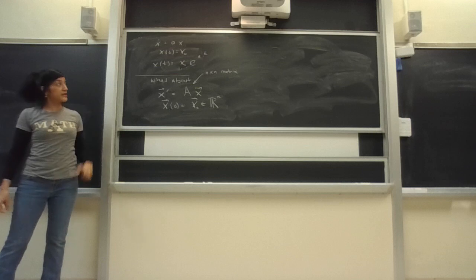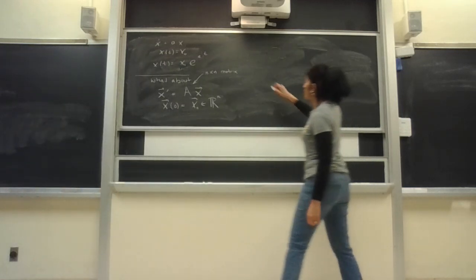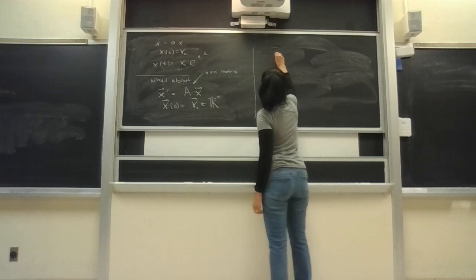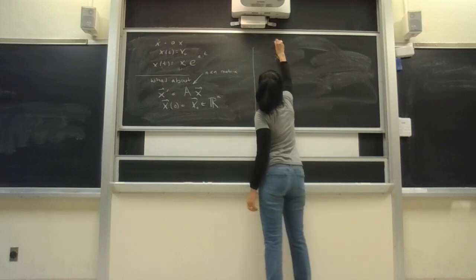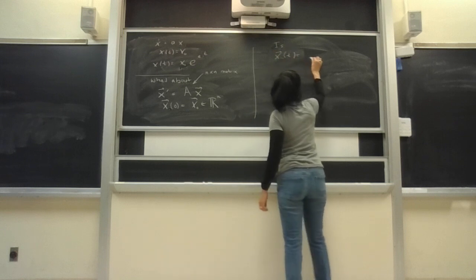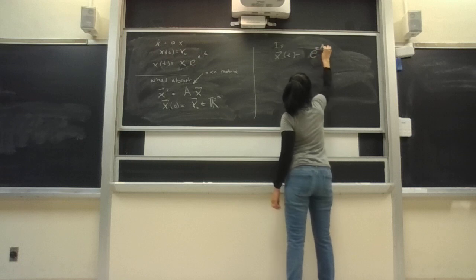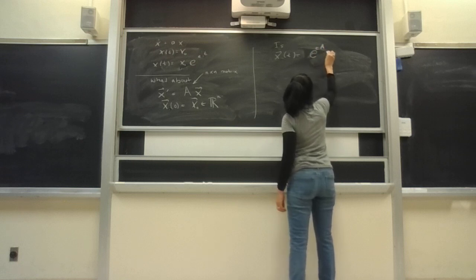So as a mathematician, I would want to say I can write down the solution. The solution should look kind of the same way. You'll see why I'm writing it this way.